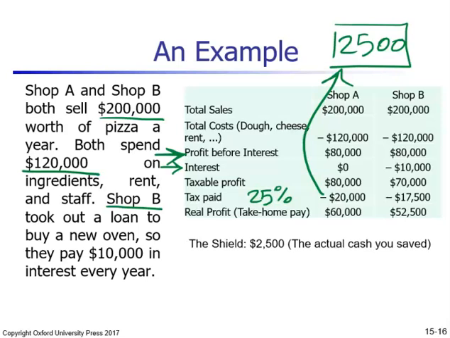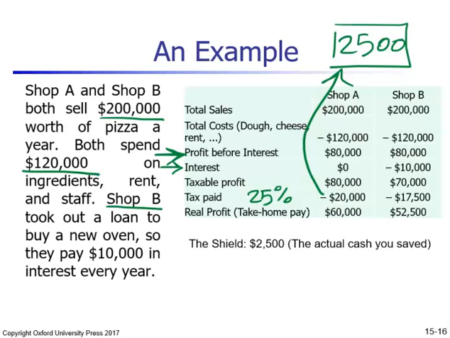But when you check the real profit, shop A still makes more profit than the other one because it makes $60,000, but shop B makes $52,500. That makes sense because shop A doesn't pay interest.